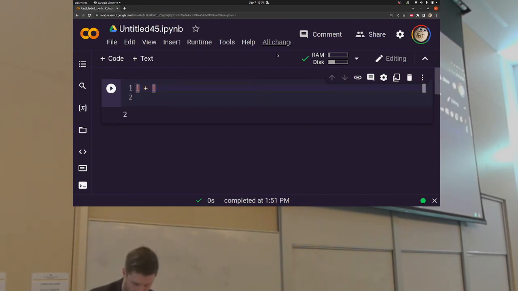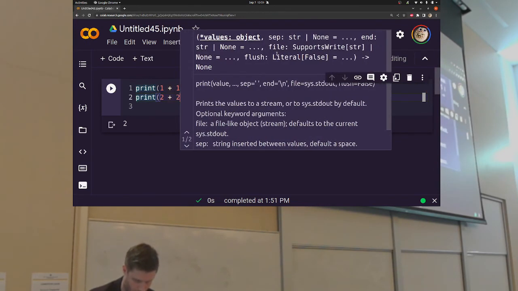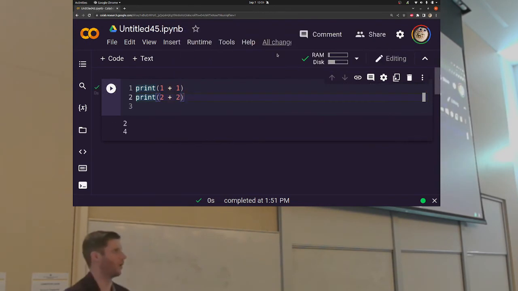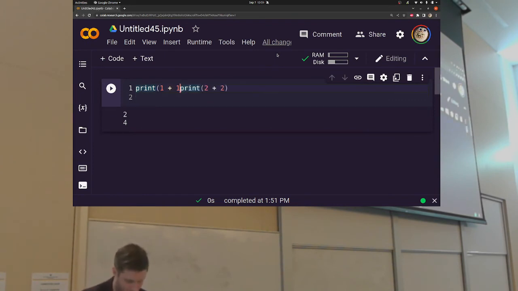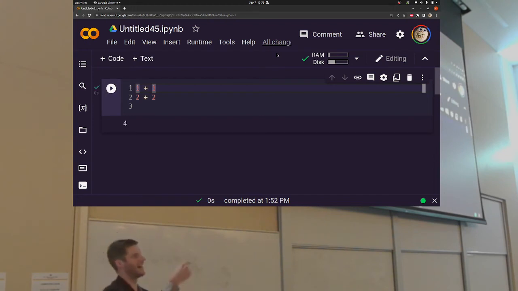Let me put it this way. If I say print 1 plus 1, print 2 plus 2, we will see 2, 4. Okay? If we get rid of the prints, though, and we run it, you'll only see the last one.